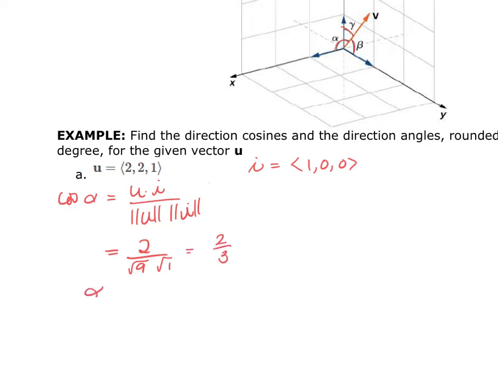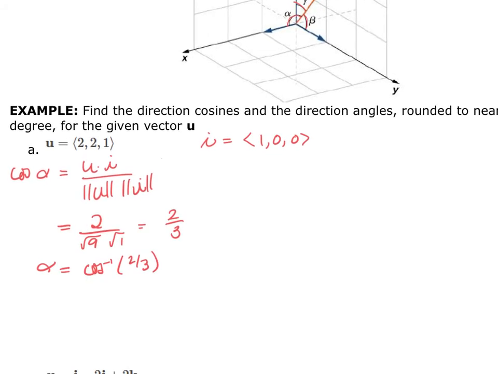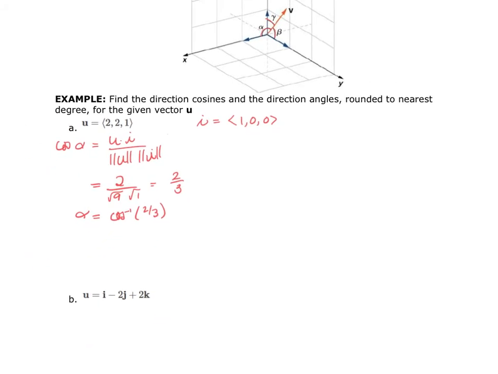So my alpha is going to be the cosine inverse of 2 over 3. And we want to go to degrees on this one. So I end up with, in degrees, 48 degrees. So that's my alpha. j is going to be 0, 1, 0. There we go.